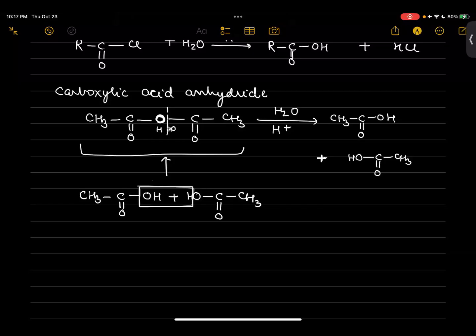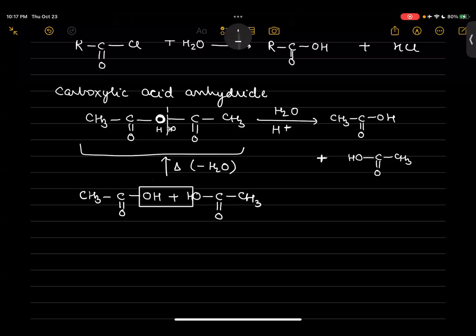When you heat it, two carboxylic acid molecules react with each other, and the water gets removed by heating. And you get that anhydride. Got it?